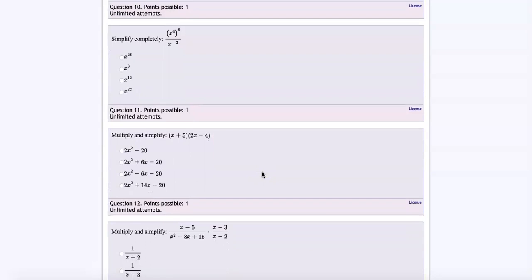All right, now we have question number 11. And this one, we have the power rule and the quotient rule combined. So let's start with the power rule. In the numerator, when you have a power raised to a power, that's when you multiply. So this is where we get in the numerator x to the 24th power. And then for the denominator, we still have this x to the negative 2. So first I used the power rule, and now I'm about to use the quotient rule.